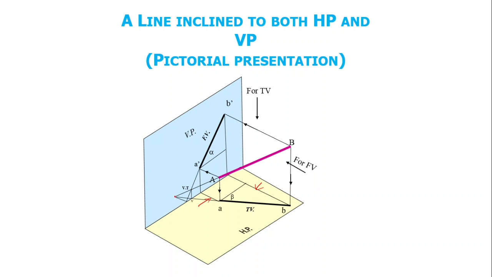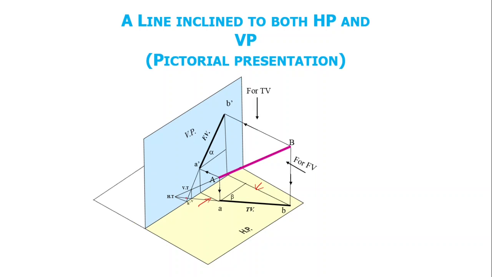Whenever that extension penetrates HP, at the same time the extension of the front view touches this XY line, and this particular point is the front view of the horizontal trace. In the front view we can see the horizontal trace as a point on HP.